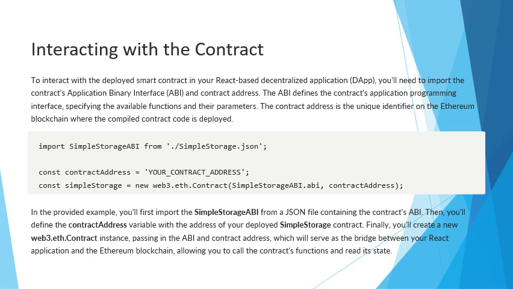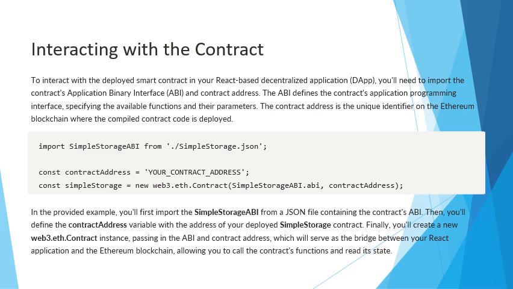The contract address is the unique identifier on the Ethereum blockchain where the compiled contract code is deployed. In this example, we'll first import the SimpleStorage ABI from a JSON file containing the SimpleStorage contract's ABI. Then we'll define the contract address variable with the address of your deployed SimpleStorage contract.